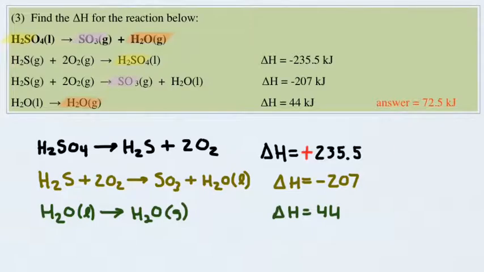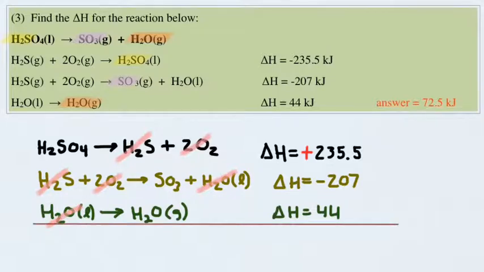Now, algebraically, we want to show that these three steps add up to equal the reaction that we're given to begin with here. And so we're going to cross out things that appear on opposite sides of the equation. So the hydrogen sulfide gas goes away, the oxygens go away as well, and so does the liquid water.